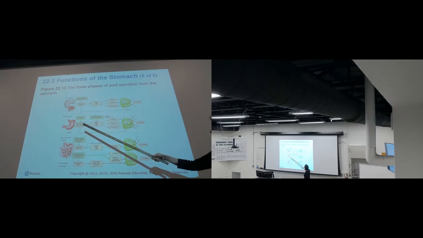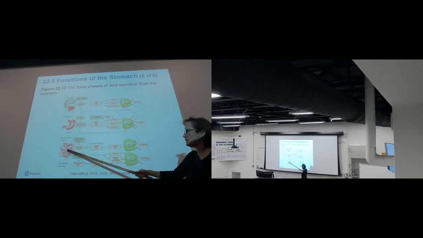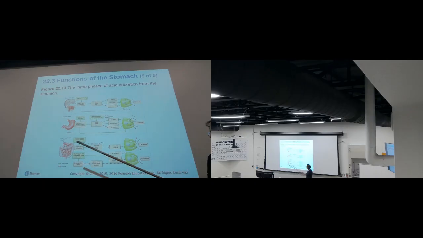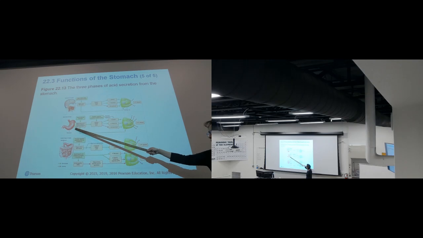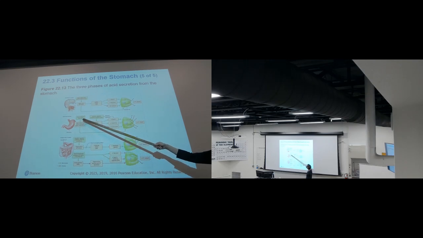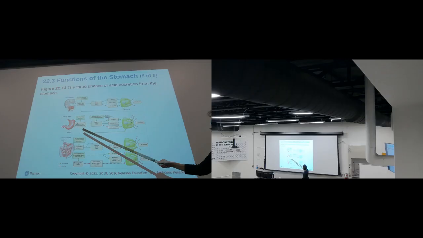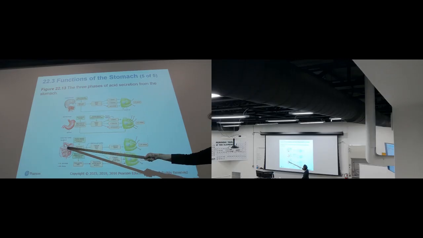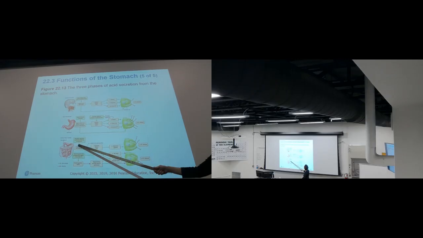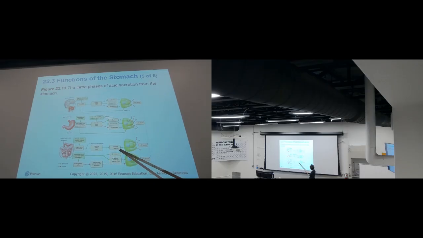And then once the food passes from the stomach into the duodenum, in the intestinal phase, you will have the partially digested proteins from the pepsin that you use here to break down these proteins into polypeptides. So once you have these partially digested proteins in the duodenum, you will have a stimulus to your vagus nerve, so that the vagus nerve stimulates your G cells to increase the production of gastrin, so that you can release hydrochloric acid.